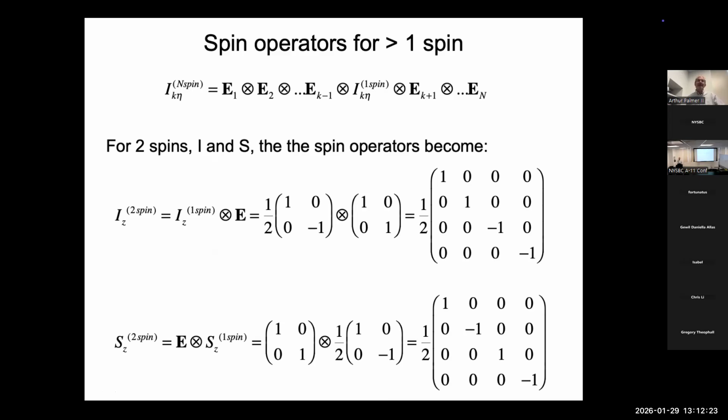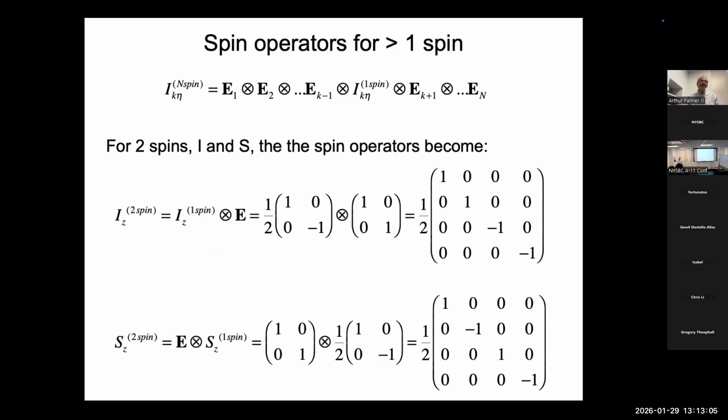And when I talk about 3 spins, they're going to be, I guess, 8 by 8. Yes, 8 by 8. So the dimensions of the matrices get larger. In our conventional language, we would always just write IZ regardless.